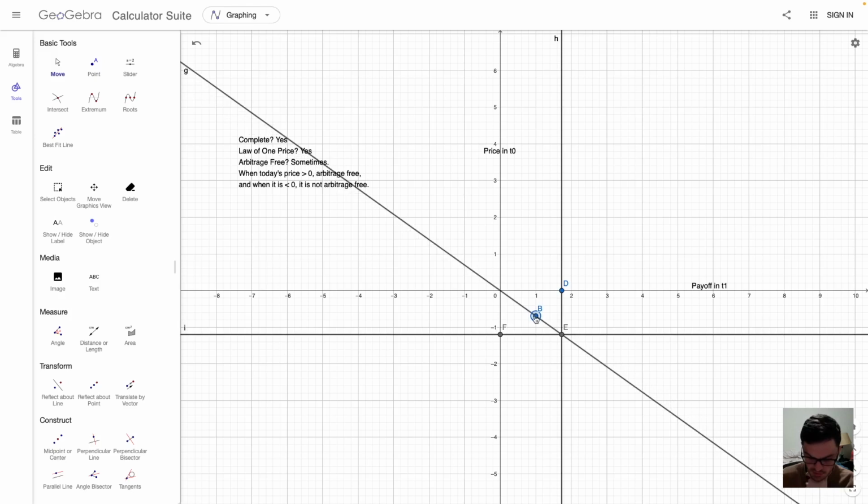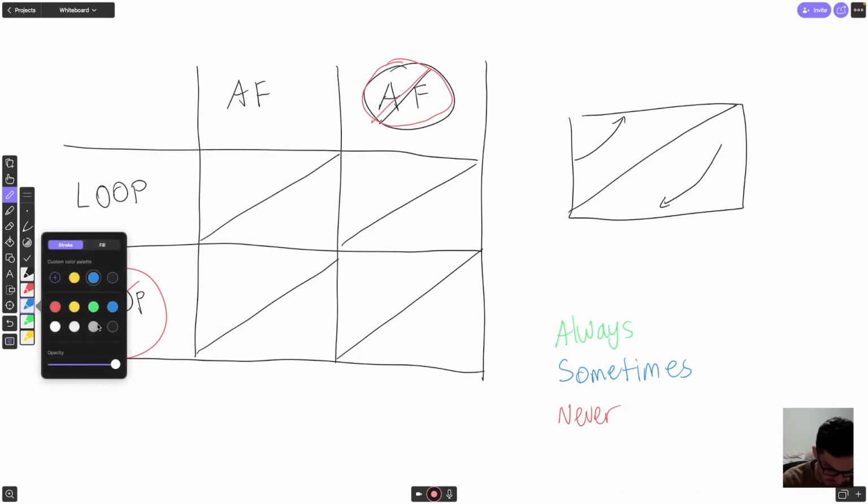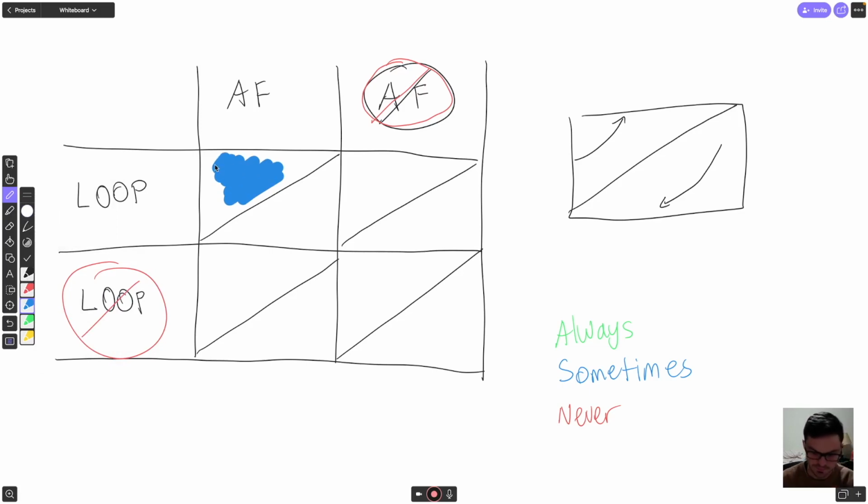We are in an arbitrage scenario, because someone would pay us $1 today, and then we also get $2 tomorrow. Okay, so the answer to fill into this little box here is blue. So this is sometimes, right?